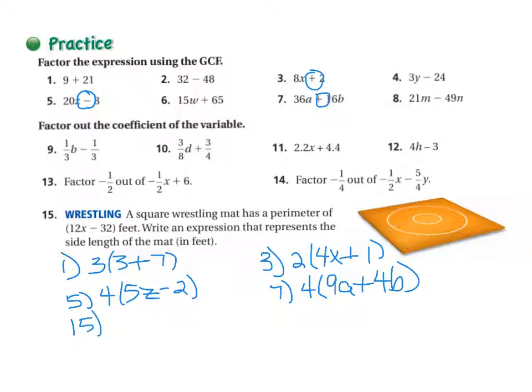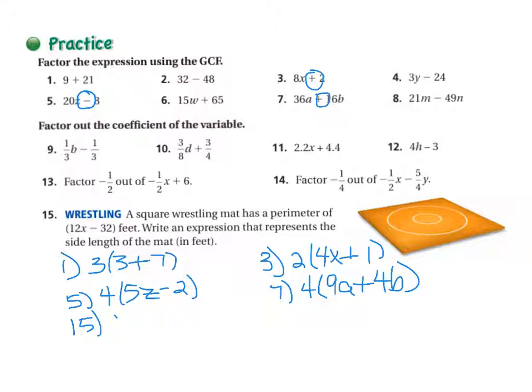It says, a square wrestling mat has a perimeter of 12x minus 32 feet. We're going to write an expression that represents the side length of the mat in feet. So we are just going to look at the greatest common factor, which is 4. Since there are 4 sides, we factor that out.